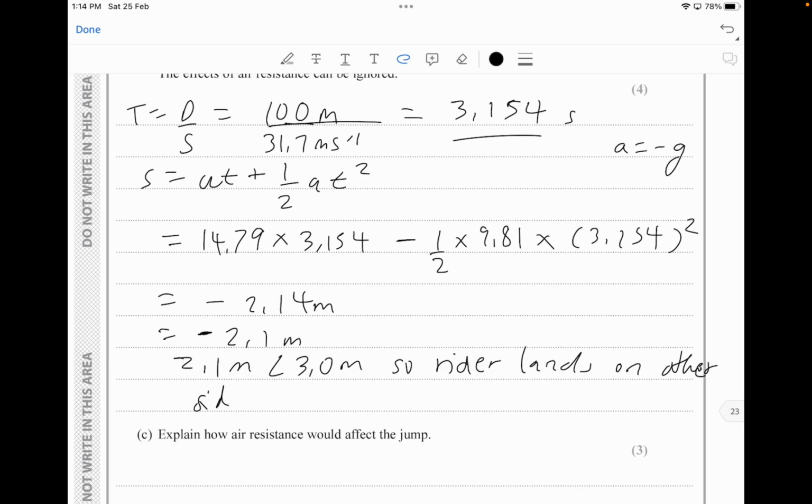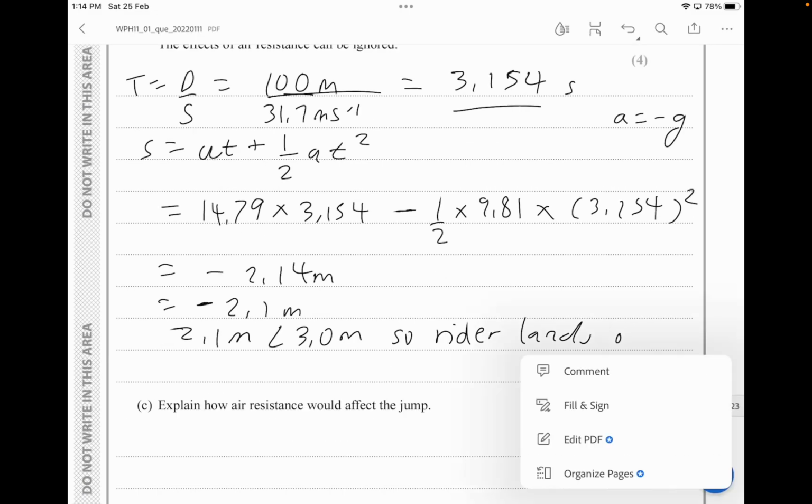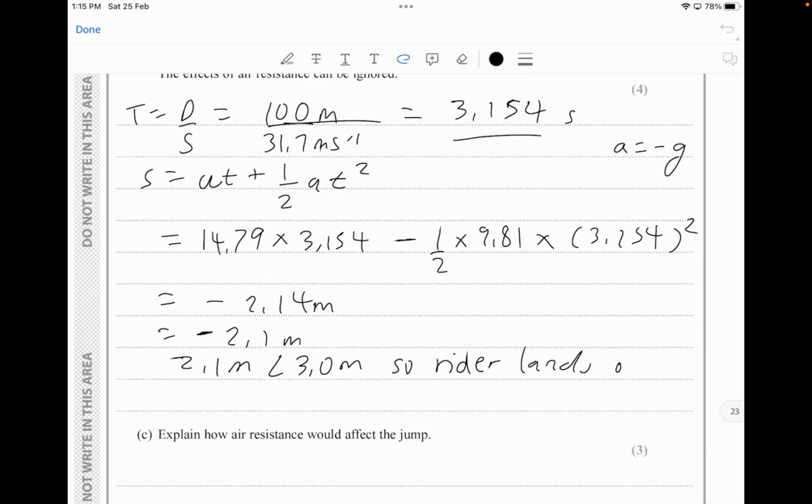I'm just going to write this down properly. So the rider lands on the other side of the river, since 2.1 meters is less than 3.0 meters. Okay, so we can move on to the next question.